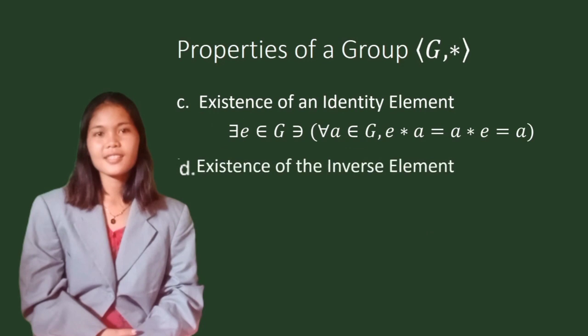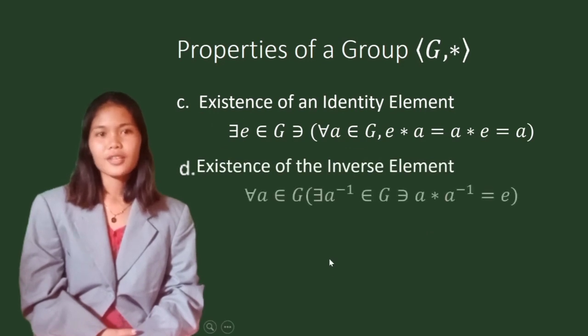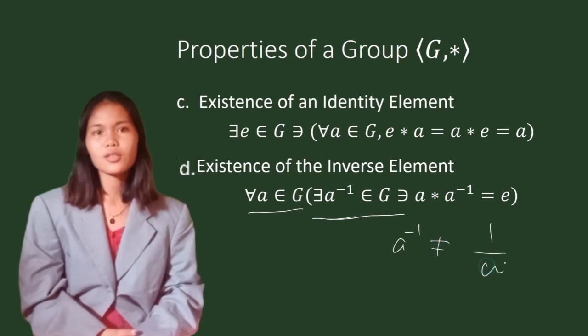Next is existence of the inverse element. For all elements A of G, there is an A inverse in G. That is our symbol for the inverse element. We should not interpret this as 1 over A, because this interpretation is true only when we are working with multiplication.